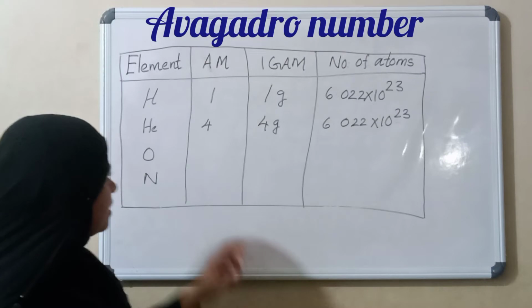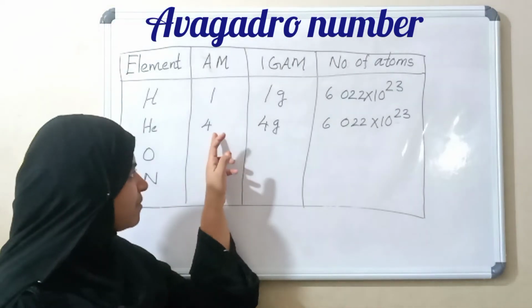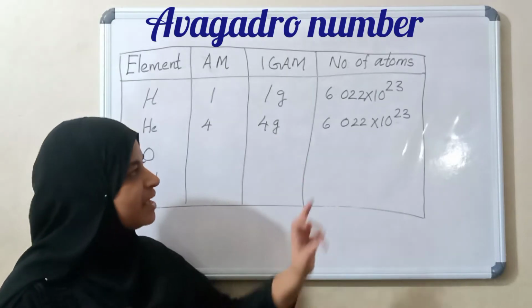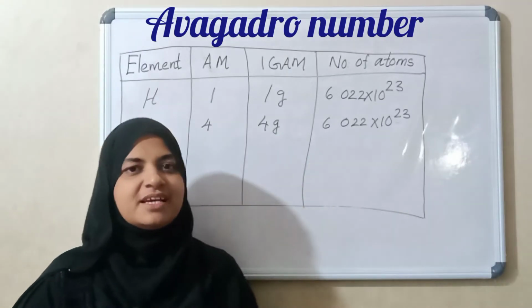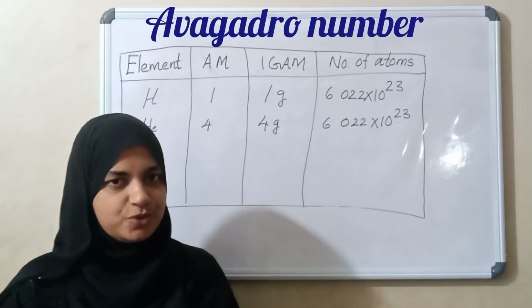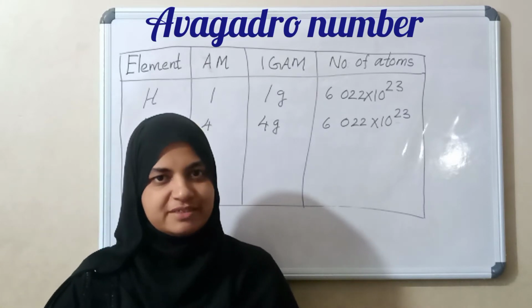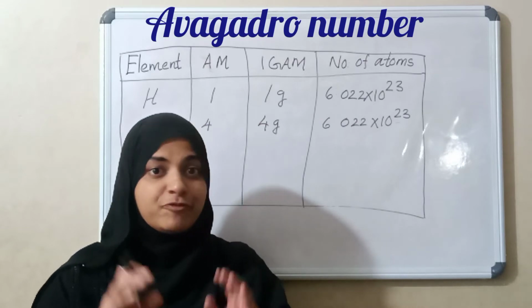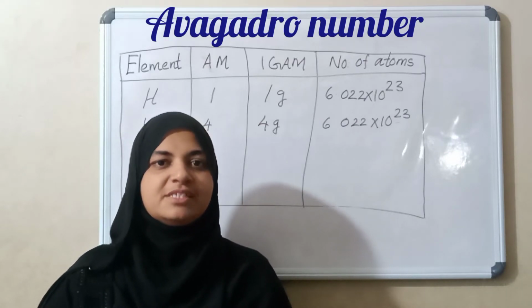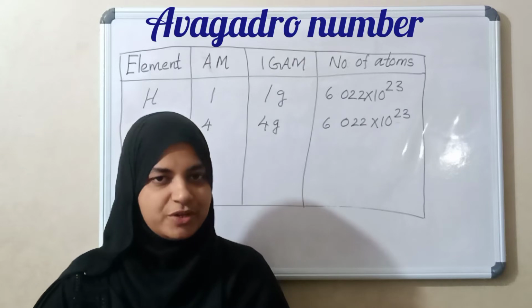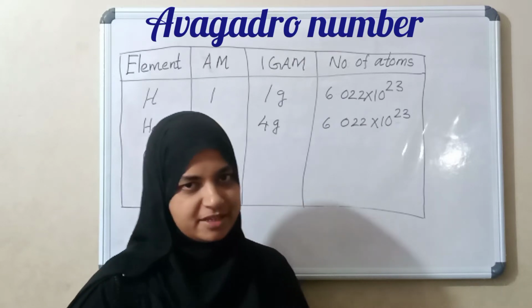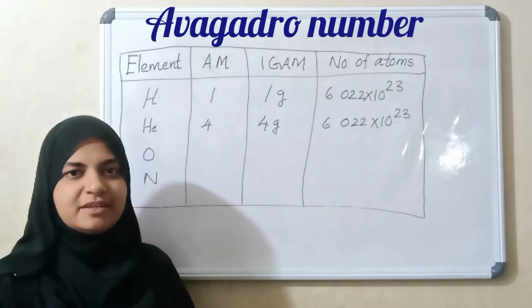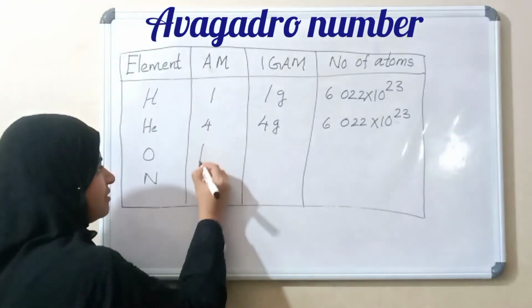Another example, helium, atomic mass 4. Then its GAM is 4 gram. Then again it contains 6.022 × 10^23 atoms. That is, for helium, its 4 gram contains 6.022 × 10^23 atoms. Again, oxygen. What is the atomic mass of oxygen? Yes, 16.